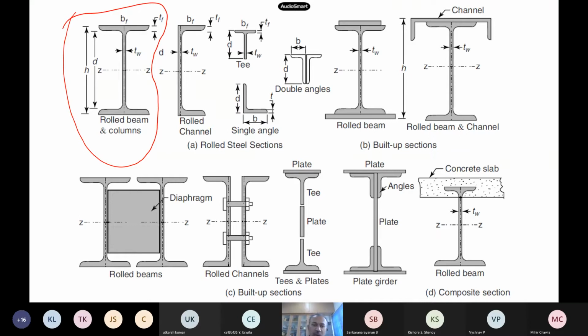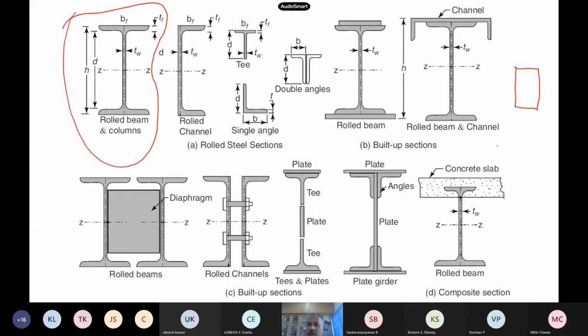See why I sections are very popular in beams. What is the advantage of an I section? Generally, whenever you have beams, everybody prefers I sections only. Why do we prefer I sections? For beams, why don't we use rectangular cross sections? Higher section modulus, or moment of inertia.